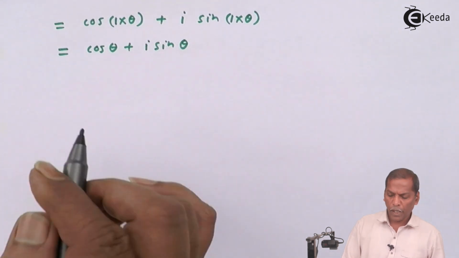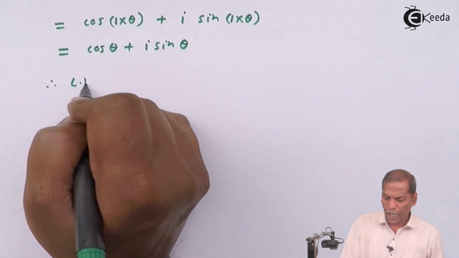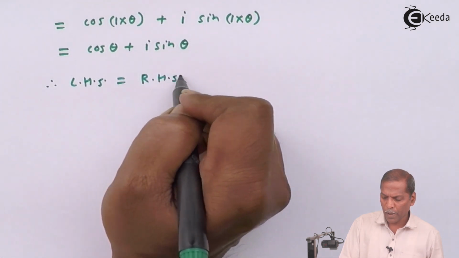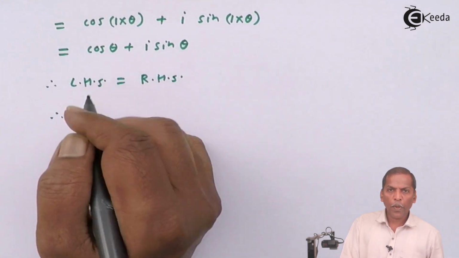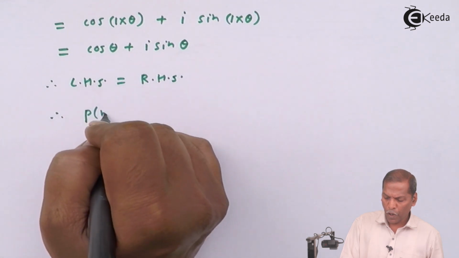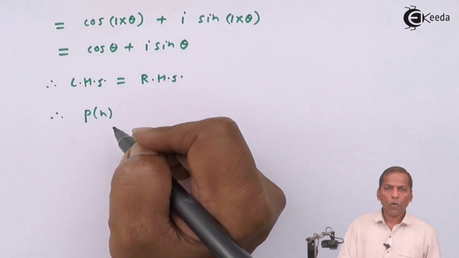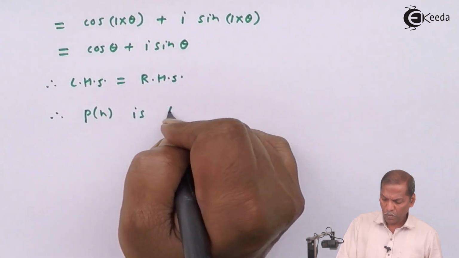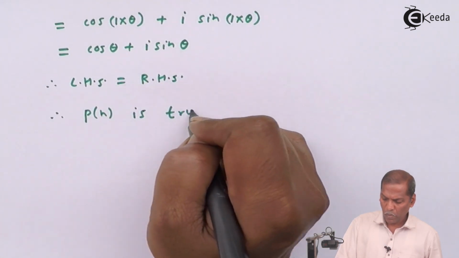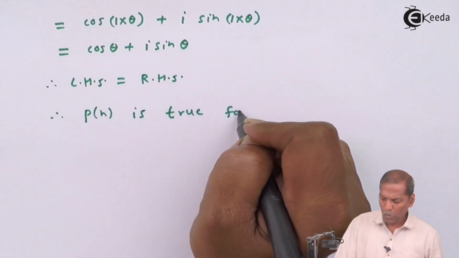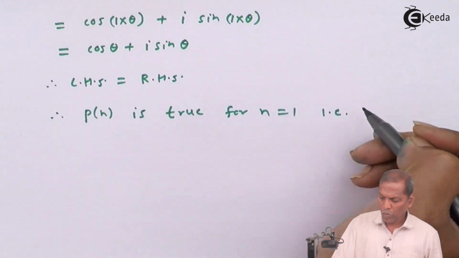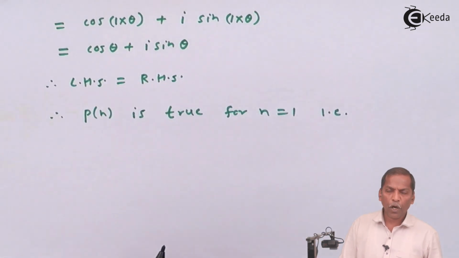In this way we proved left hand side is equal to right hand side, and therefore P(n) is true for n equal to 1. That is, P(1) is true.